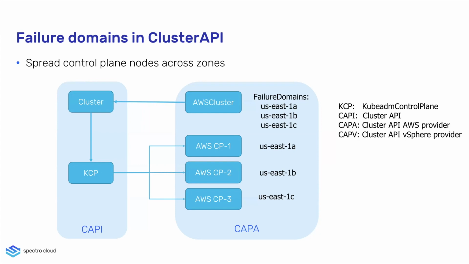So if you have a subnet created within AZ 1a, then 1a will be one of the available failure domains. This information will be populated back to the parent Cluster object. And then the KubeadmControlPlane will use this information to distribute the AWS machines into each of the 3 availability zones.